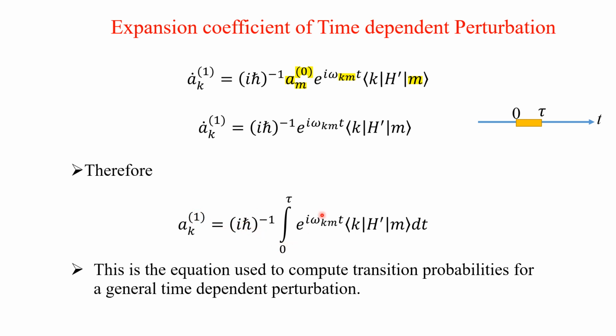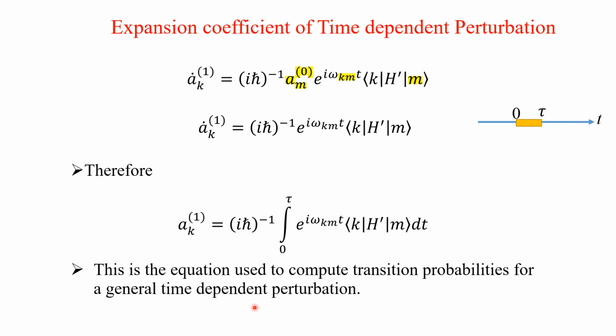So your integration is between 0 and tau. This will become i h cross inverse, integral between 0 and tau, e power i omega km t, k h prime m, that is bra k h prime ket m, integrated over time.